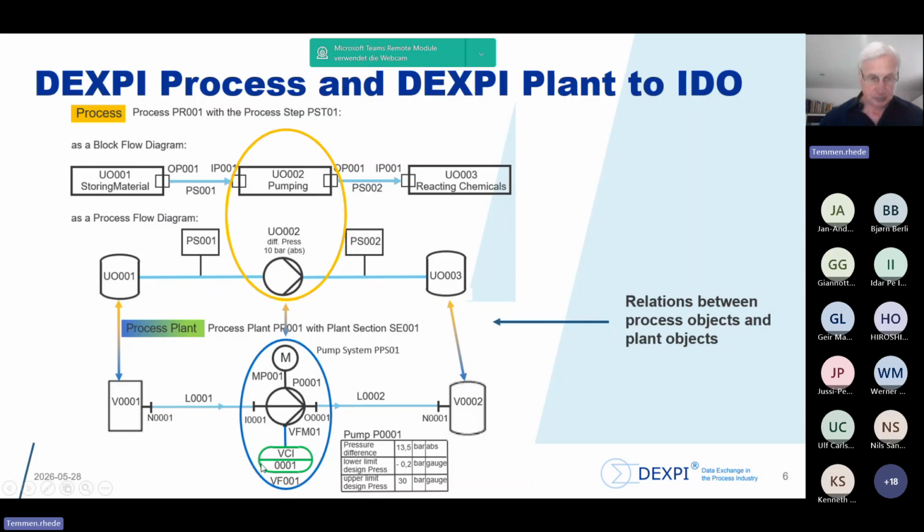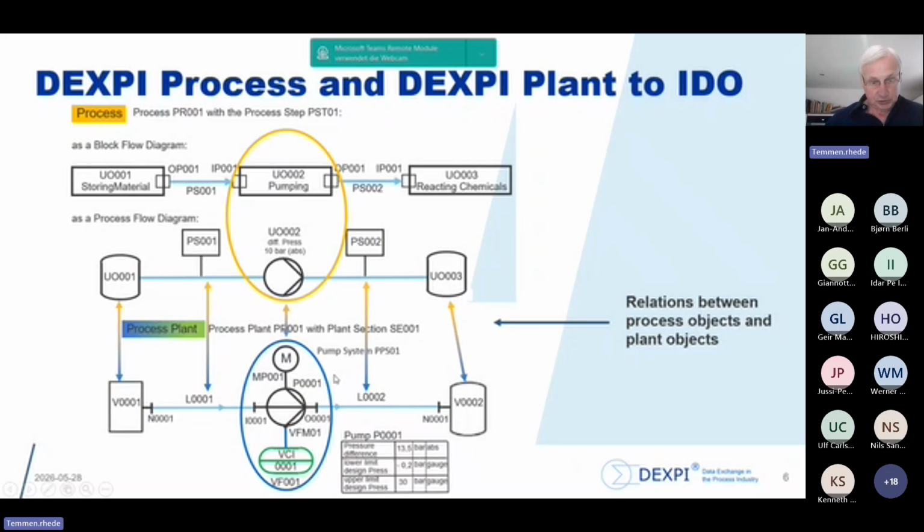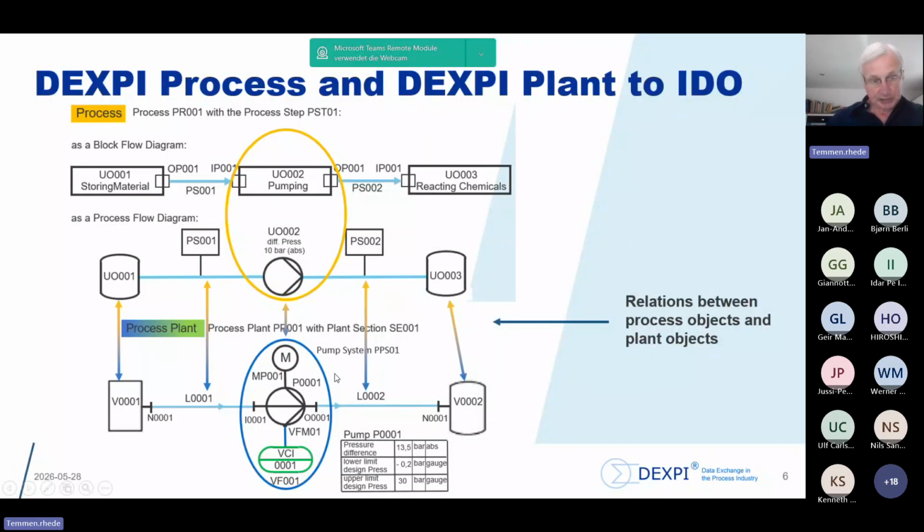And we see here a motor, and the measuring function. From the process streams, we have to set up the connection to the piping network systems, and from the ports to the nozzles. That is a task we have to model with IDO.